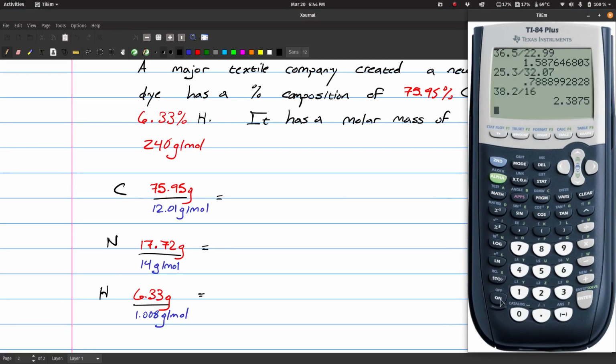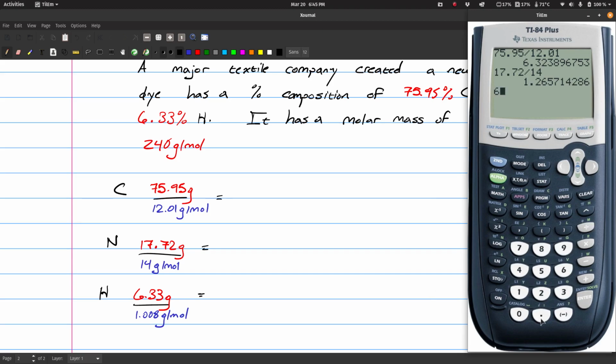All right, so let me clear all this out. 75.95 divided by 12.01. That's going to be about 6.3 or whatever. 17.72 divided by 14, be a little over 1, so like 1.3 or something like that.